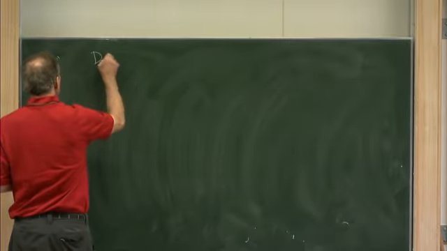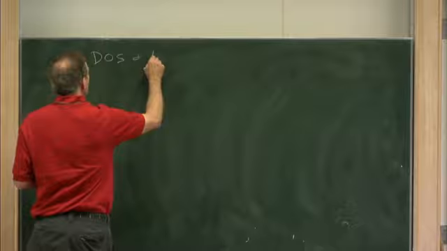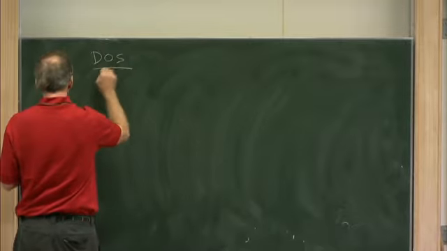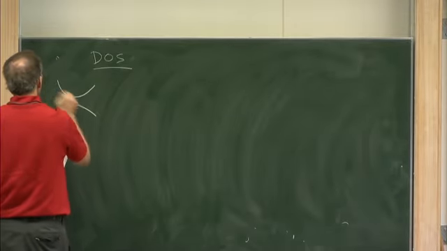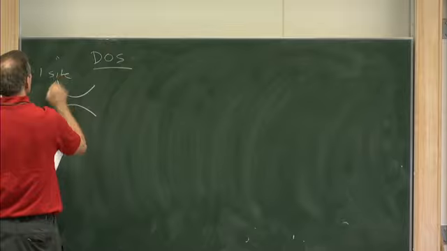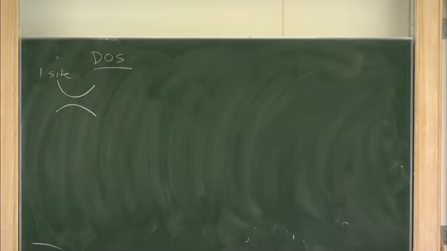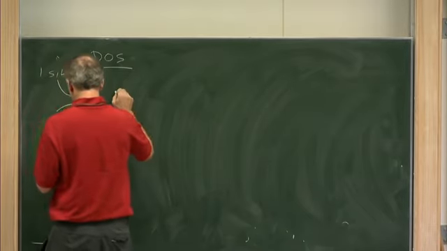First of all, let me just talk about density of states. And then I'll talk about level spacing. If we have one site, the two energy branches for that Hx look like this.